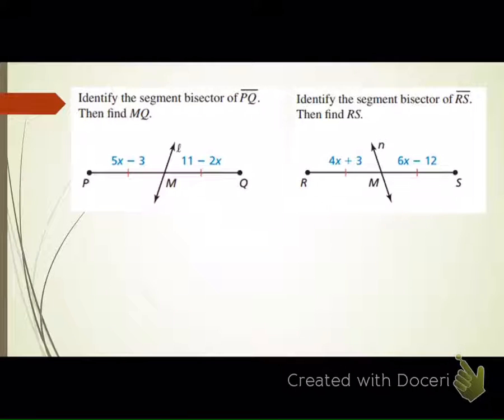Okay, so identify the segment bisector of PQ. So line L bisects PQ. Those 2 lines mean that they are, what do these lines mean? They are equal. So we can set those 2 pieces equal.